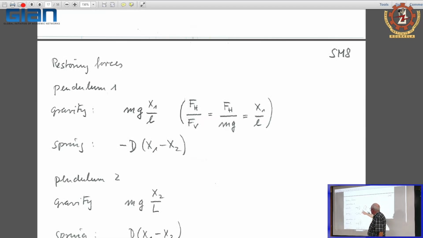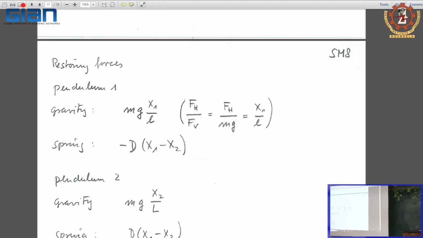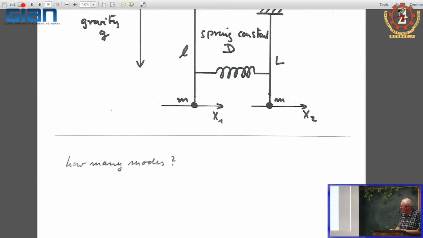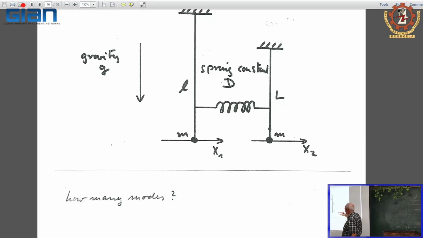The horizontal component of the gravitational force is mass times the gravitational acceleration, and the component in the direction of x, this is the motion, in a certain approximation, along which our pendulum moves.